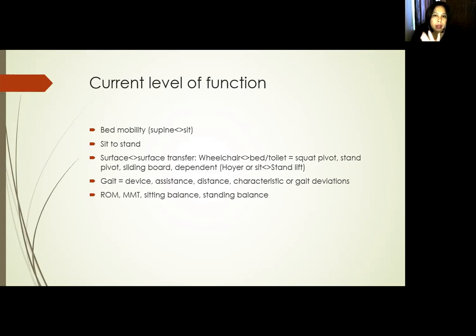Was it a wide base, narrow base? Was it an antalgic gait, or any kind of gait deviation that you observe? You have to document it, and of course, you have to document the range of motion, the muscle strength of the patient, the sitting balance, standing balance of the patient as well.